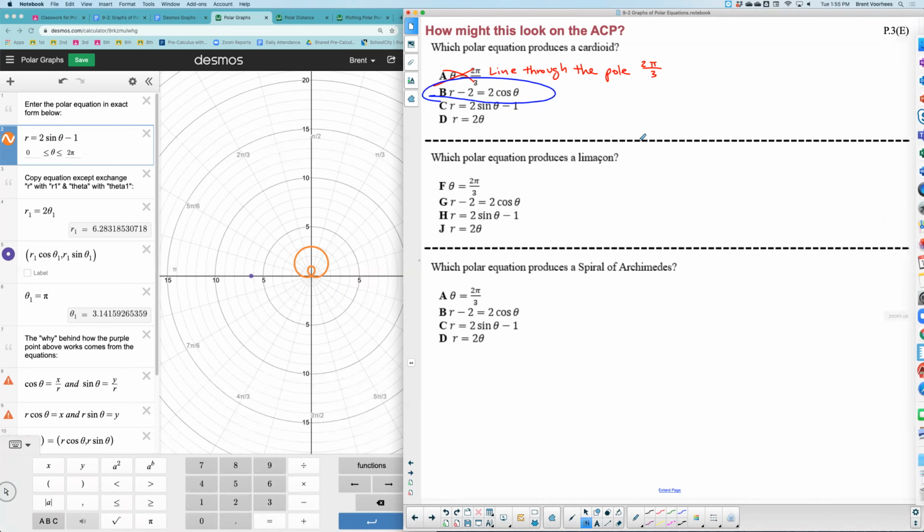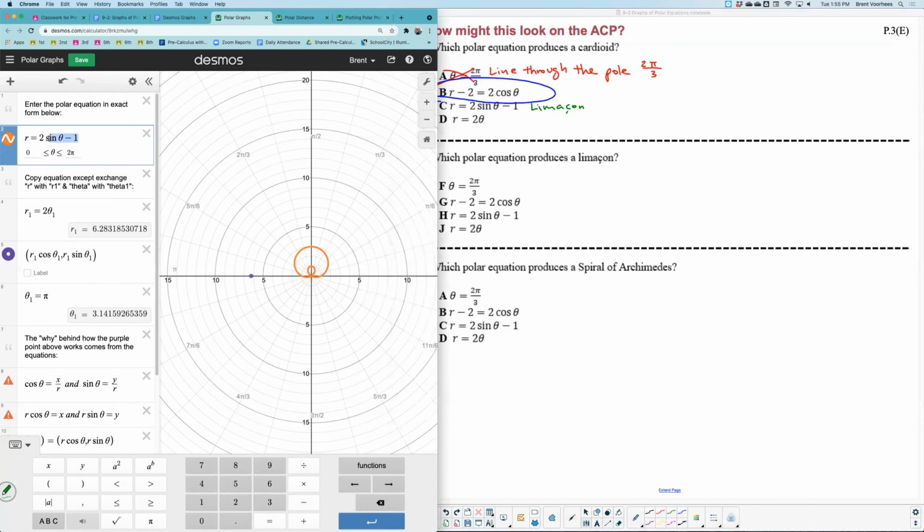Okay, the C will be what we called a limicon. And then 2 theta, this was the spiral we just saw a few moments ago. That would be the spiral.